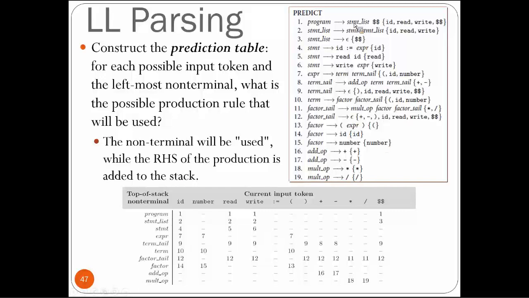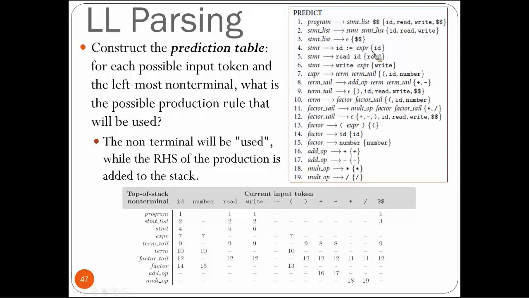And we can see here, let's see for statement list. The statement list can start with ID, read and write, in which case we use production rule number 2, or a statement list could start with end of file, in which case we use production rule number 3. So a statement list with ID, read or write predicts the production rule number 2, and with an end of file it tells us use production rule number 3.